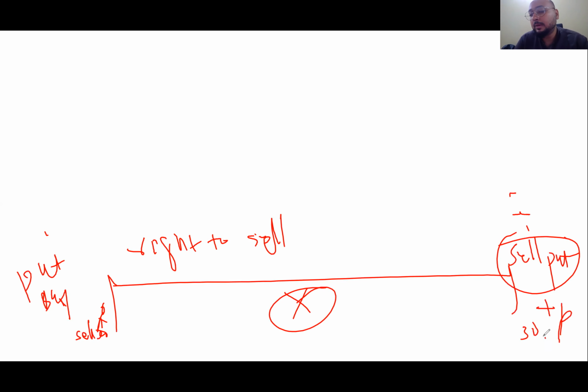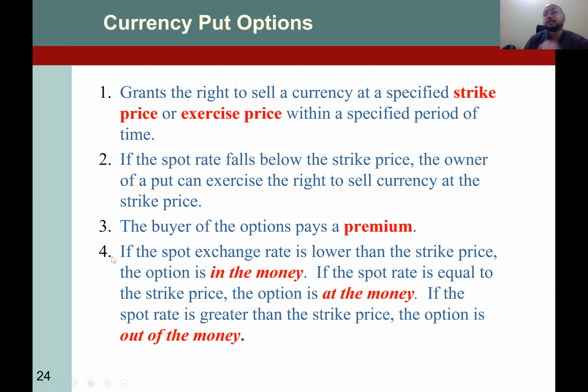So it means that person who is buying the currency will be receiving the put premium as well. So let's explore this put option contract. Here we go. A currency put option grants the right to sell a currency at a specified strike price or exercise price within a specified period of time.